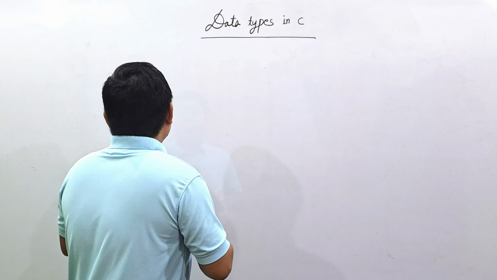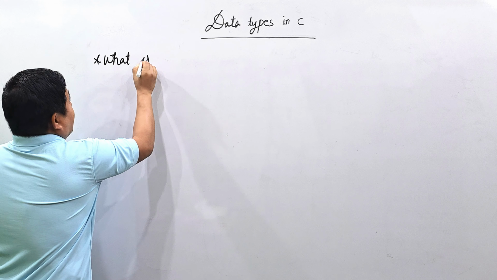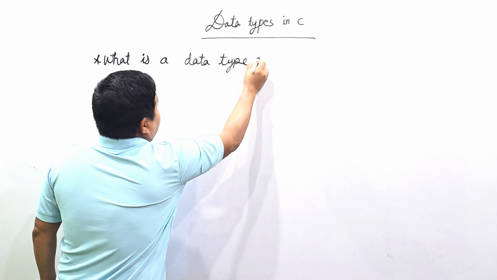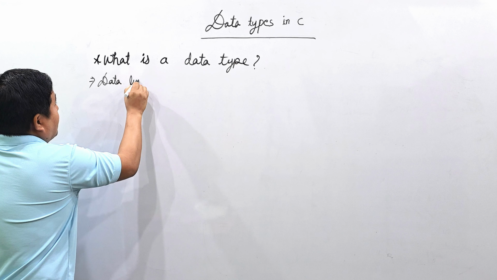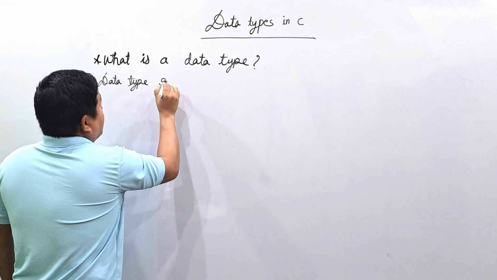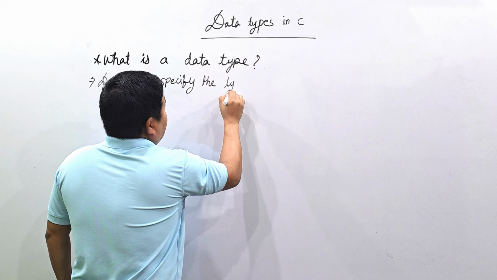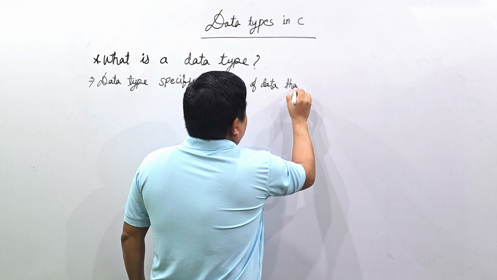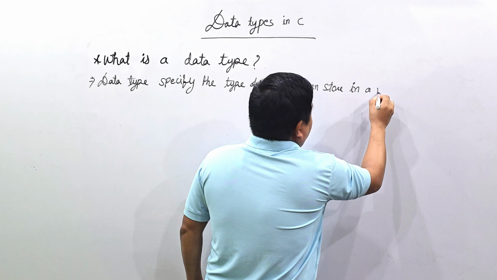What is a data type? A data type specifies the type of data that can be stored in a variable.